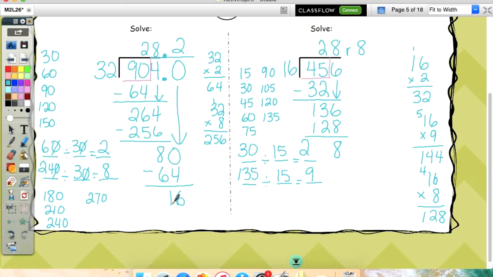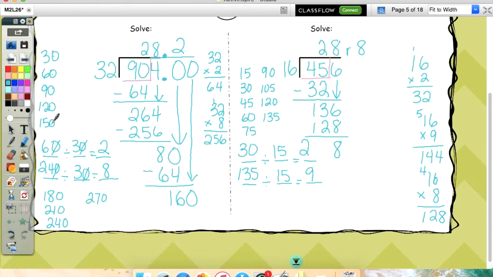Now remember, I've got to keep going until I end up with 0 remainder. So, what do I do next? We're not really adding a 0, we're putting a 0 on the end. Okay? So now, which number is closest to 160? 150. Guess and check. 1, 2, 3, 4, 5.